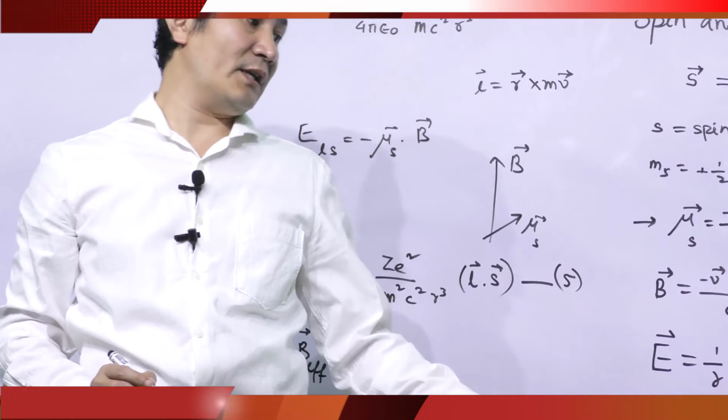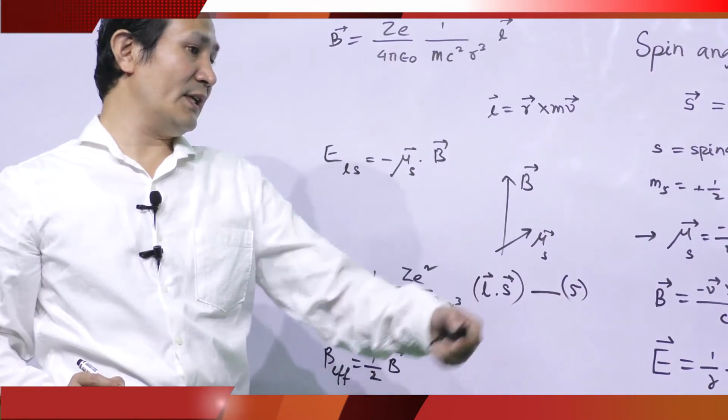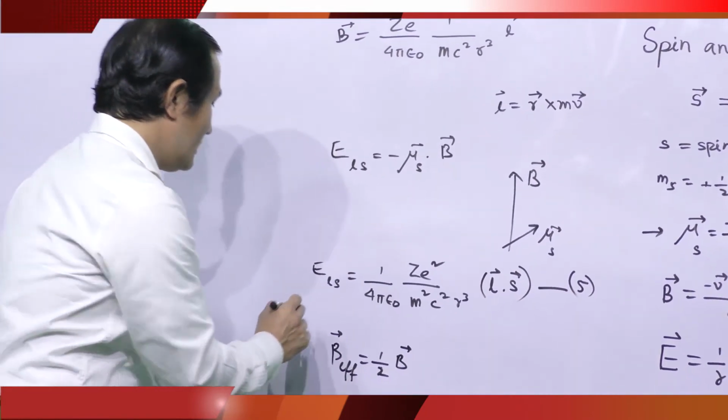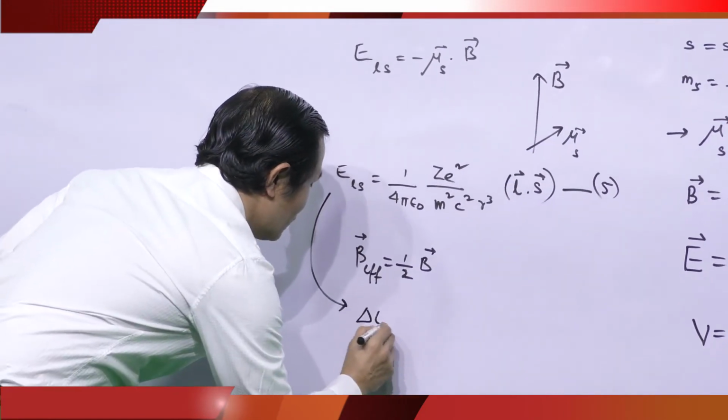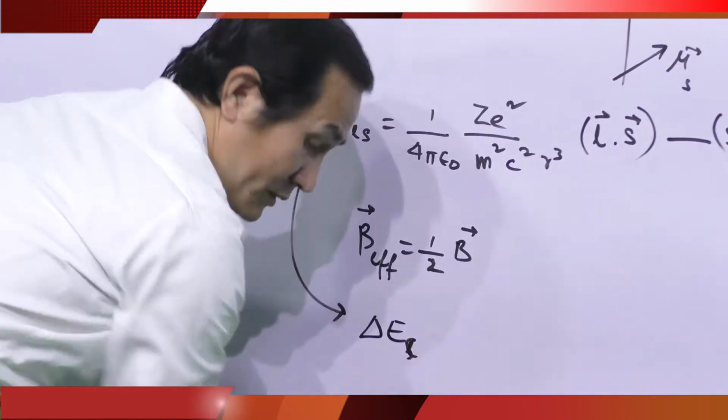So when this correction is made, the spin orbit interaction energy becomes as, here I have used a symbol E_LS prime. Earlier we used this symbol.